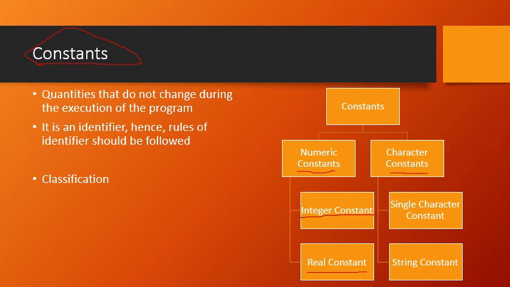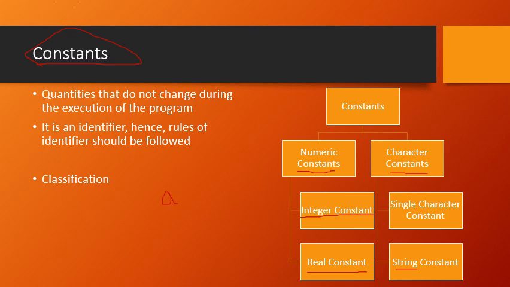On the other hand, a character constant may contain a single character, like A. It can be just as simple as A. Or it can be a group of characters, and then that group of characters is called a string. The string constant we will learn in detail.